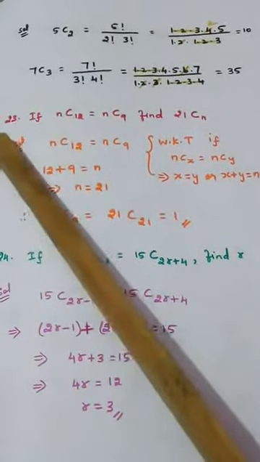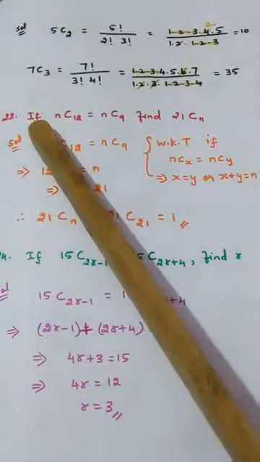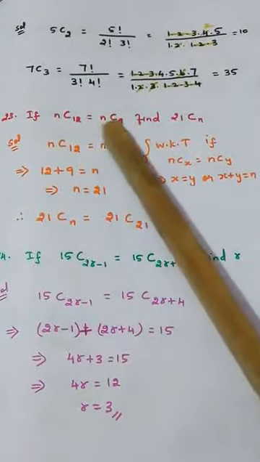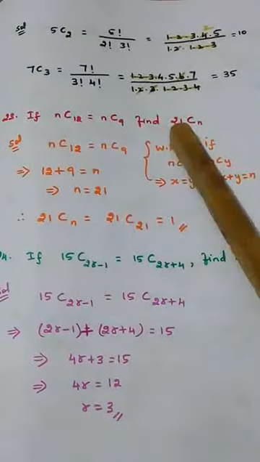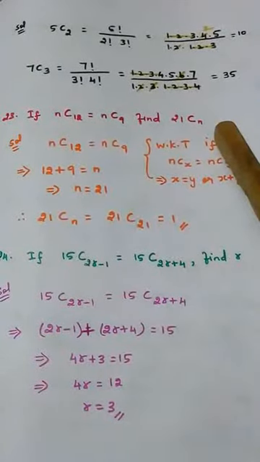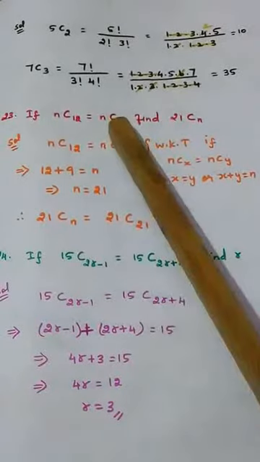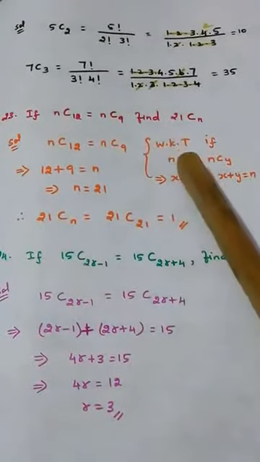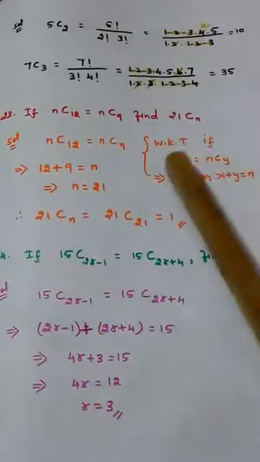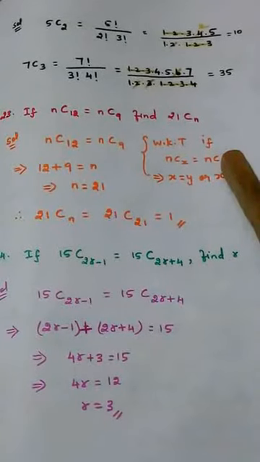Next problem, problem number 23. If nC12 is equal to nC9, find 21Cn. By seeing this itself, we can say that two combinations are equal. So immediately we are writing the result. We know that if two combinations are equal, what are the two possibilities?